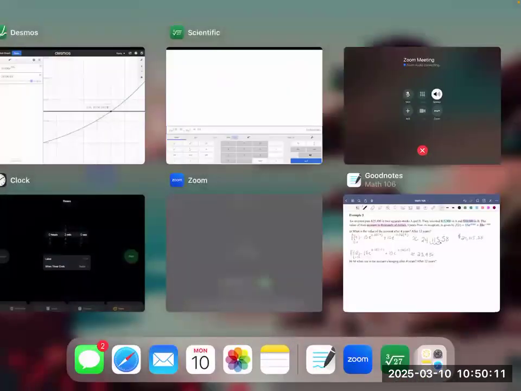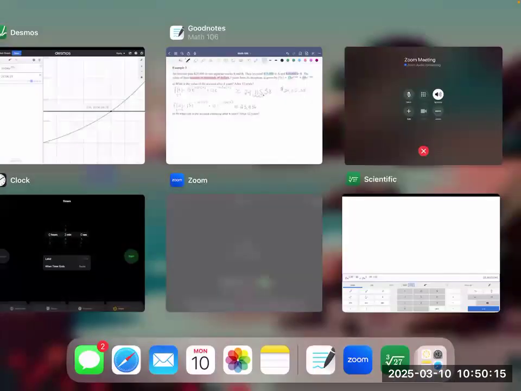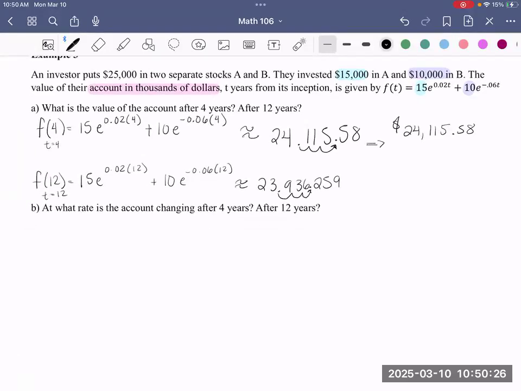So one more time, let's move it over 3 decimal places. So we have $23,936 and about 26 cents in your account after 12 years.